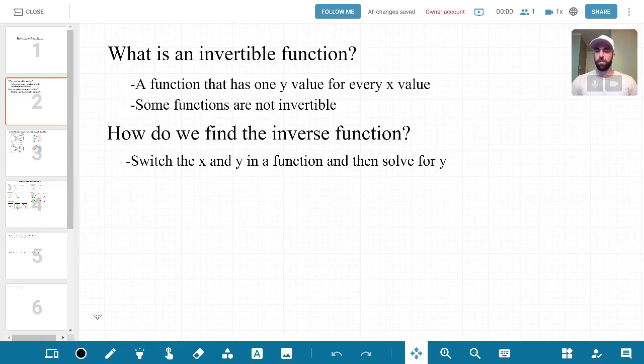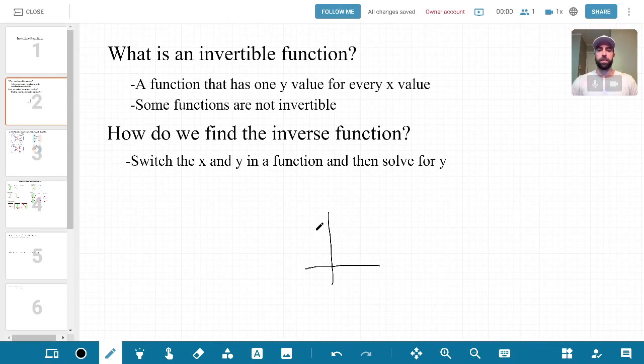I'm sure you know from many math classes that a normal function is something that can pass the vertical line test.